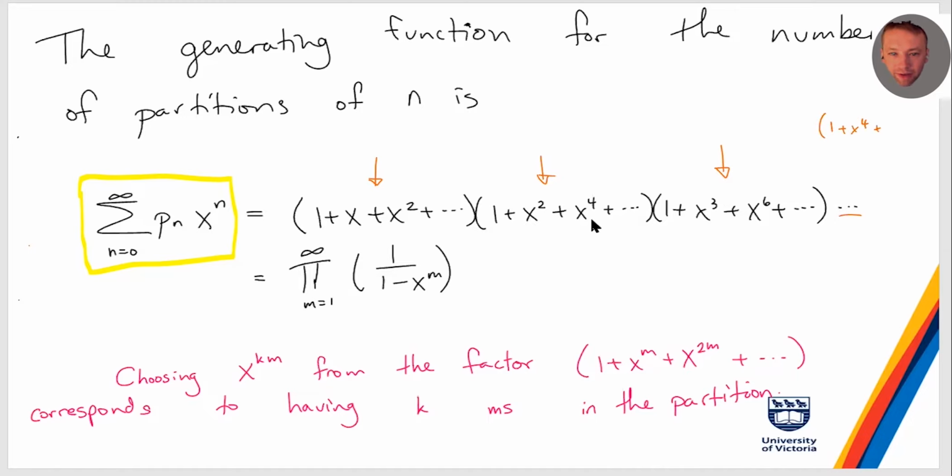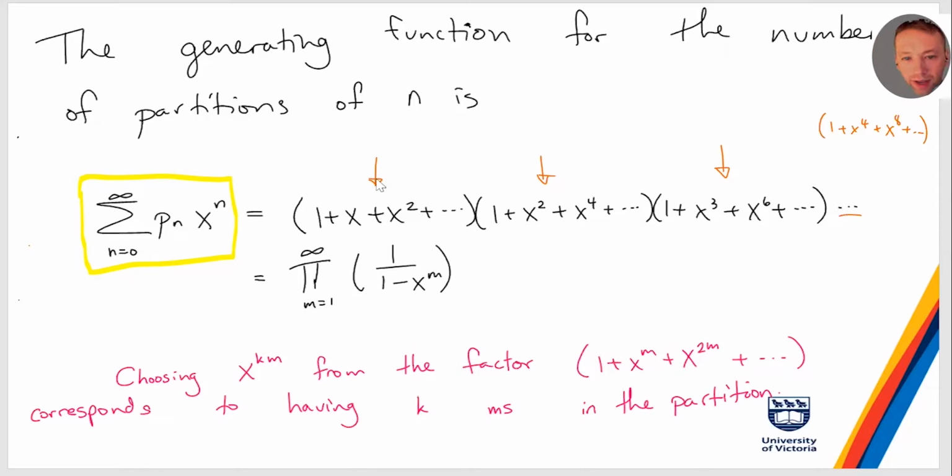So each factor here is of the form 1 plus x to the m, plus x to the 2m, so x to the 8 here, and so on, right? And to make an x to the n, I have to pick one thing from every factor and multiply them in such a way that the exponents of those things add up to n.